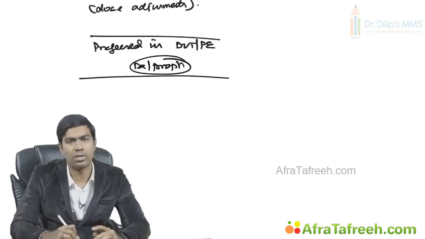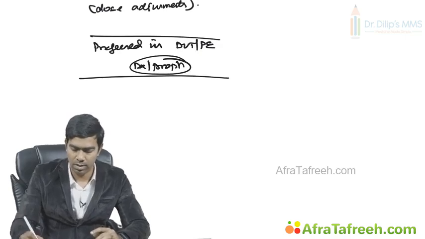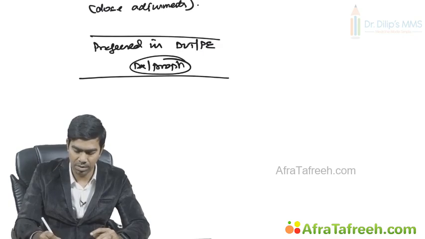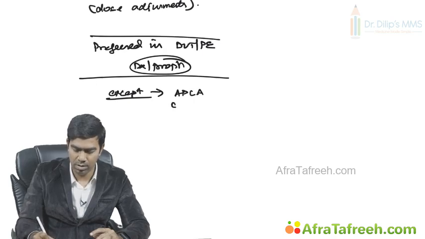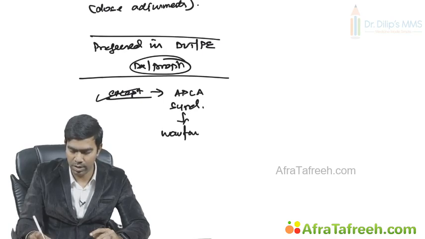For both these conditions, you can use NOACs. But the only big exception will be APLA syndrome, where warfarin is preferred. Warfarin is considered to be superior in these cases.